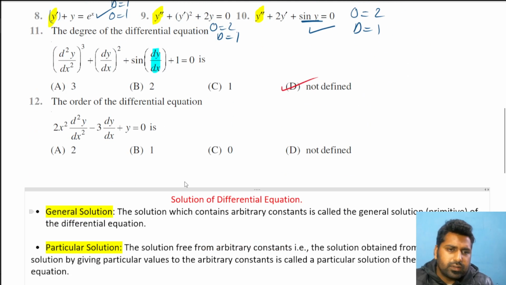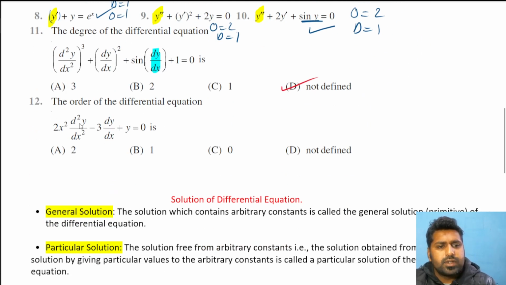Whereas for the next one, 2x square d square y by dx square minus 3 dy by dx plus y. The highest order derivative is again 2, but is the degree defined? So dy by dx means y dash, y double dash, both have positive powers, so it's okay. So degree can be defined, not a problem.